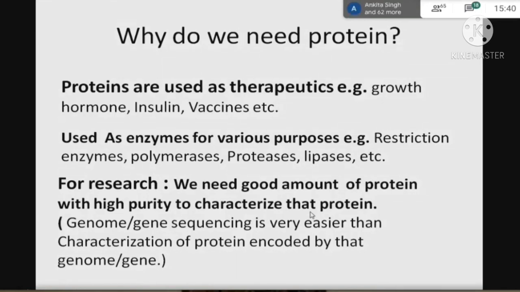We will discuss a strategy for expression of genes in the E. coli host. If we are using E. coli as a recombinant protein production factory, what are the hurdles? How have people solved them, and how can you apply that during your research work when you wish to produce recombinant protein in E. coli?